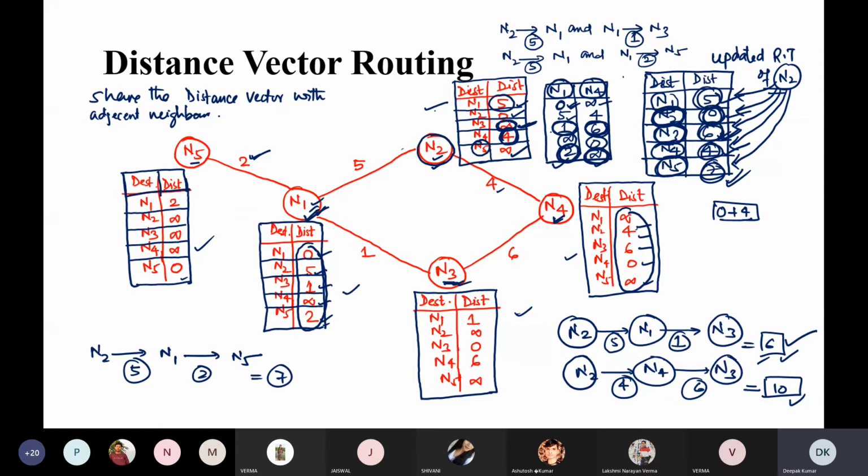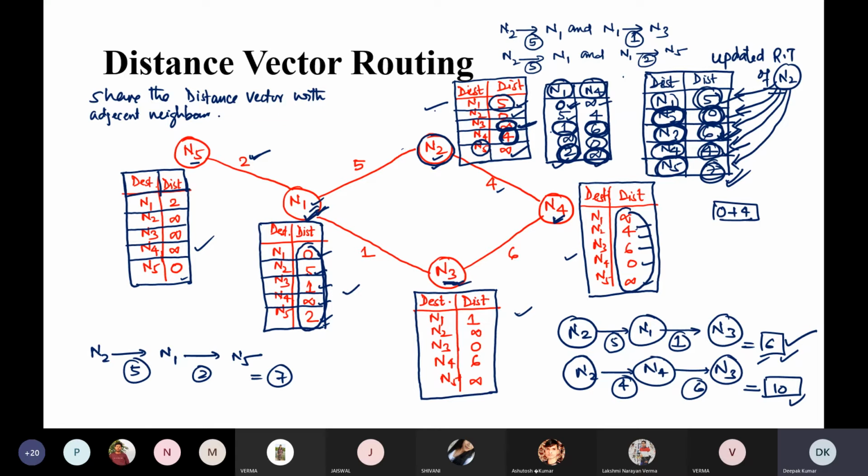The name is distance vector because the initially created table is shared, and from the table only the distance vector is shared. That's why it is the distance vector routing algorithm. You can revise and create, but after 2, 3, 4 steps the routing table may get altered.